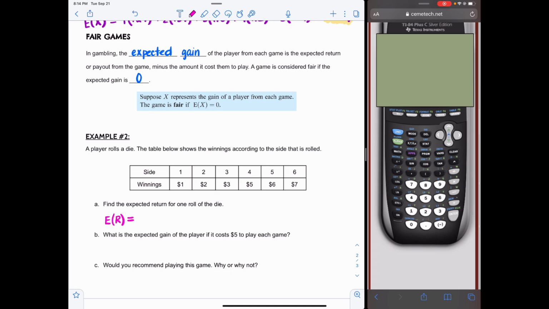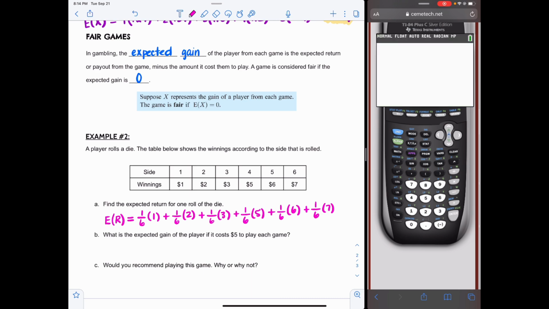So you can win $1 1/6 of the time. You can win $2 1/6 of the time. $3 1/6 of the time. $5 1/6 of the time. $6 1/6 of the time. And then $7 1/6 of the time.